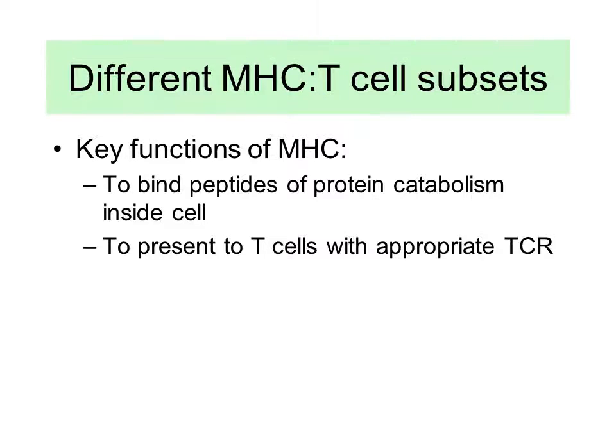MHC class 1 is expressed on all our nucleated cells. So there's a gene component on all our nucleated cells. And MHC class 2 is expressed on antigen presenting cells.